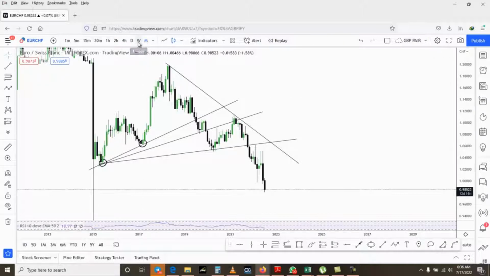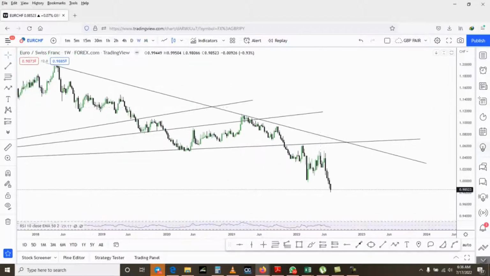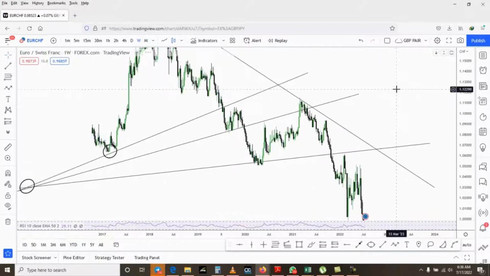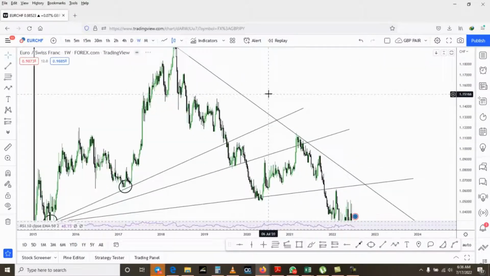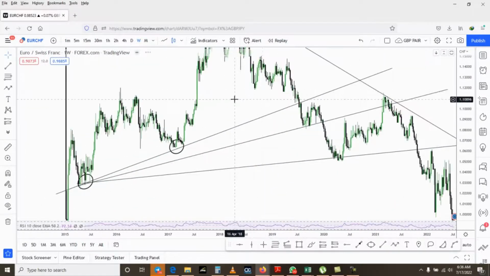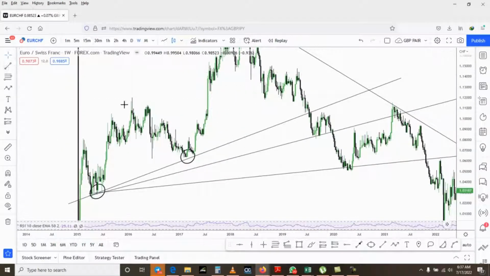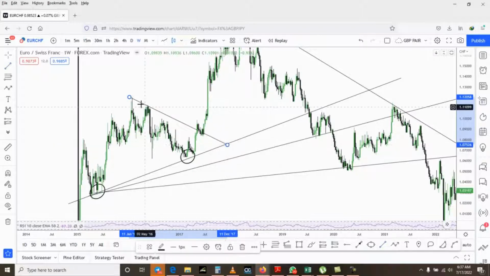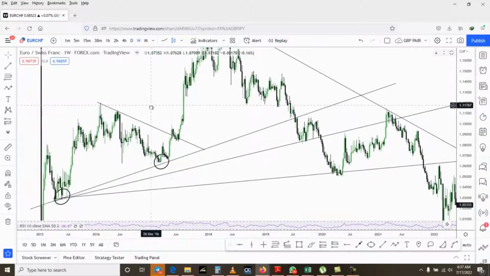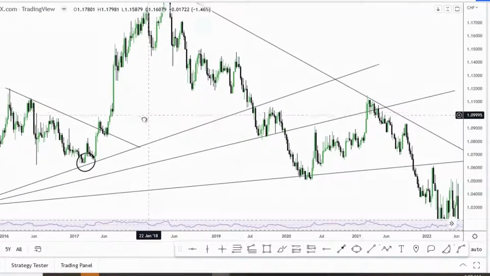I'll scale down to the weekly again. What can I see on the weekly? Okay, on the weekly I see this. These are the two touches, number 1 and number 2.